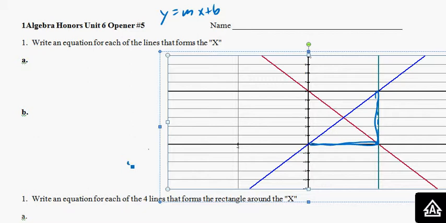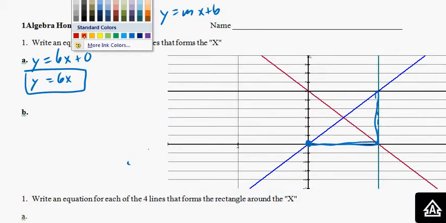So that means that the slope of this line will be 6 over 1. We can also see that the y-intercept of this line is 0. So the equation of that line would be y equals 6x plus 0, or simply y equals 6x.